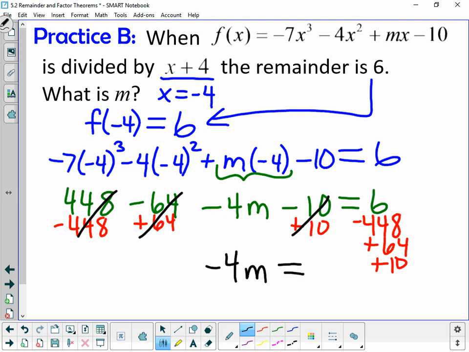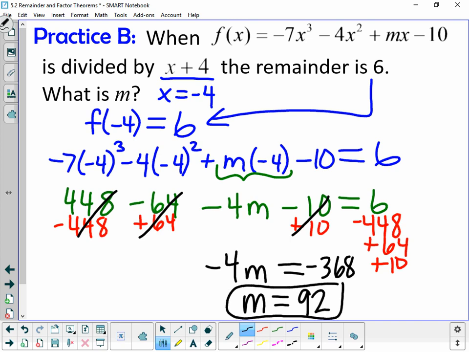And over here we get negative 368. So when we divide by negative 4, we find that m is equal to 92. So that missing coefficient in our original equation should have been a 92.